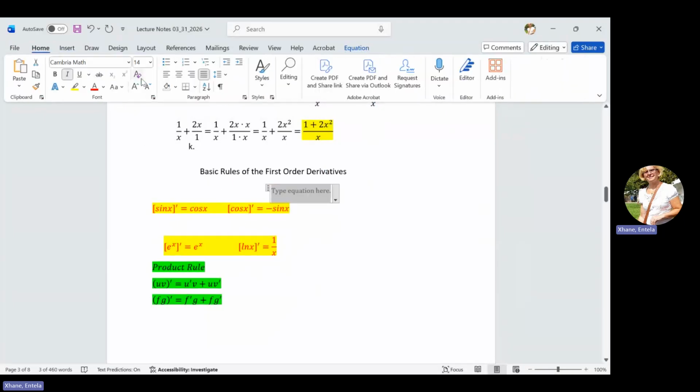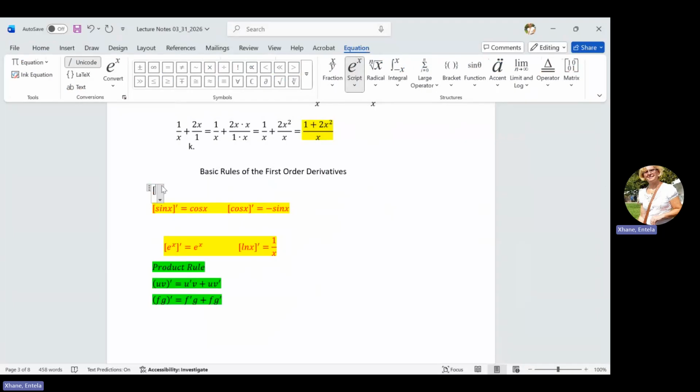So I'm going to transition to the famous rule known as the power rule of the first order derivative. We are differentiating x to the power n, and there will be some special scenarios that I would like to discuss with you. So this is exponent n in front of it, multiplied by x to the power n minus 1.